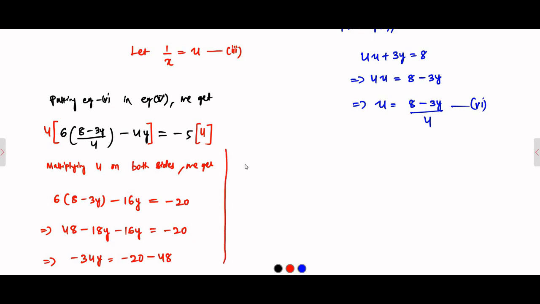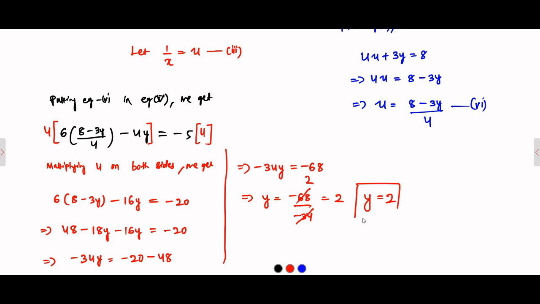That implies minus 34y is equal to minus 68. That implies y is equal to minus 68 by minus 34, which comes to 2. So y is equal to 2. We have got y is equal to 2.